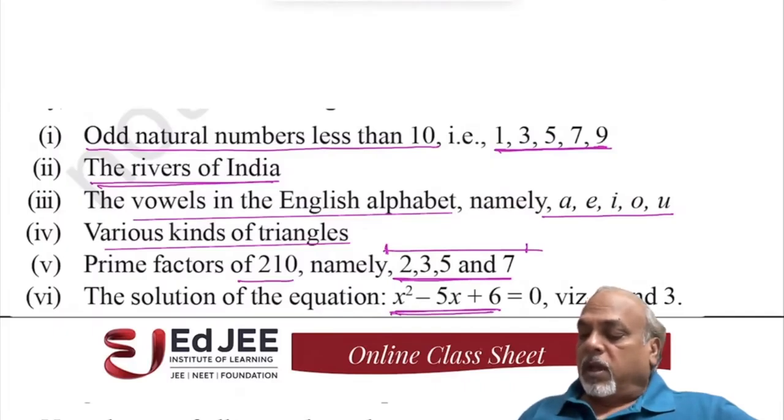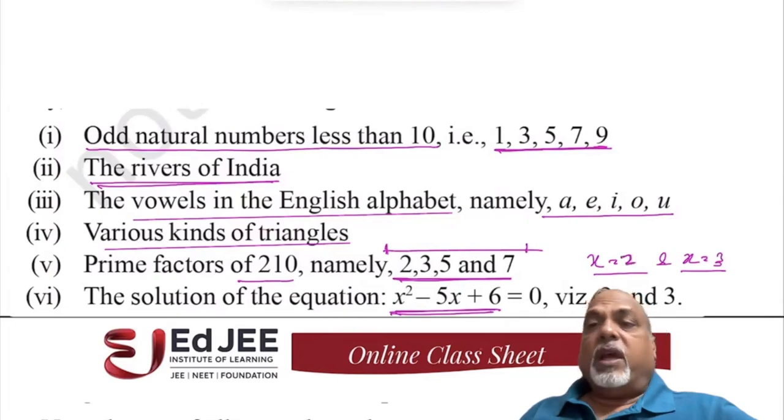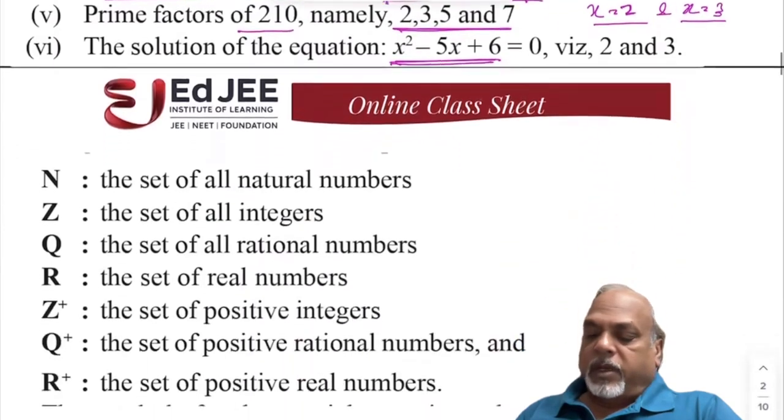Solution of this means x is equal to 2 and x is equal to 3. So these are distinct objects and they also form a collection of objects which are solutions of this equation, correct? Like that, these are the particular kinds of objects which can make sets.